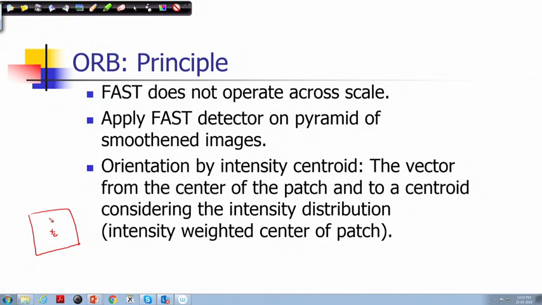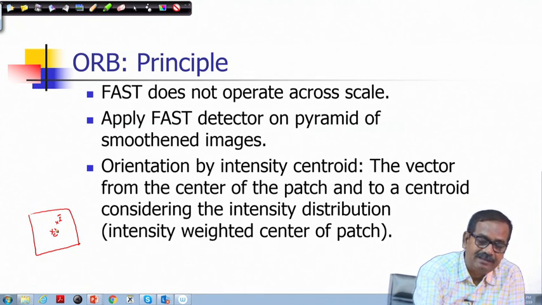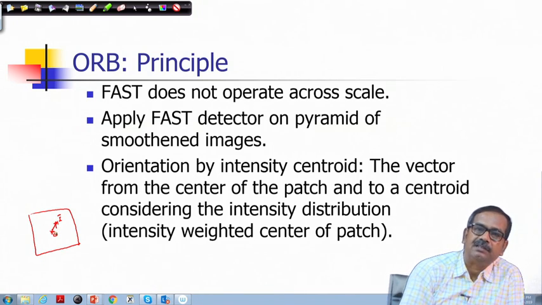Now, if I consider the centroid of the intensity values, then that is the intensity weighted center of the patch, it is not the average. So, we are considering the location where intensity is acting like a weight and taking the intensity weighted central location. So, that is a different point, and this gives me an orientation.